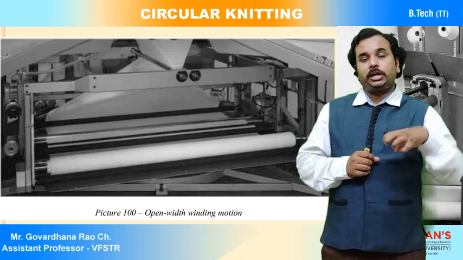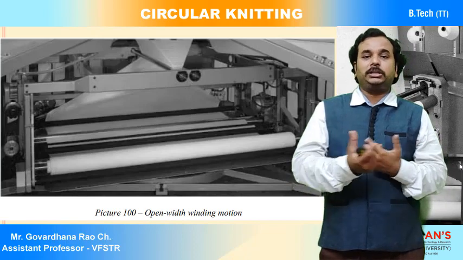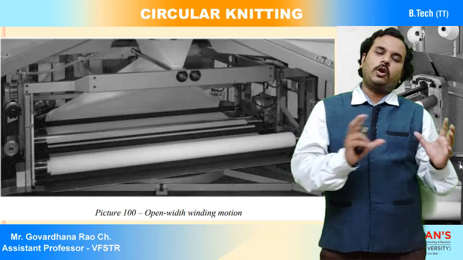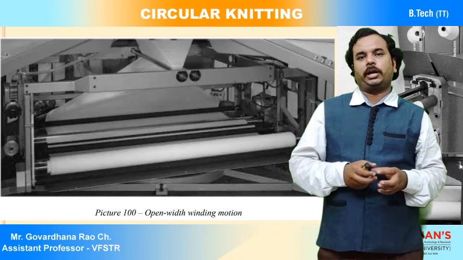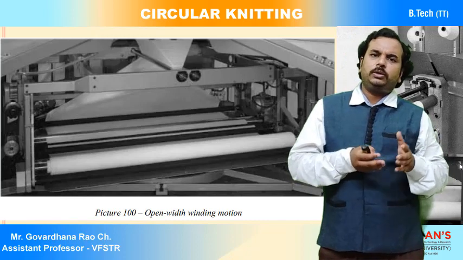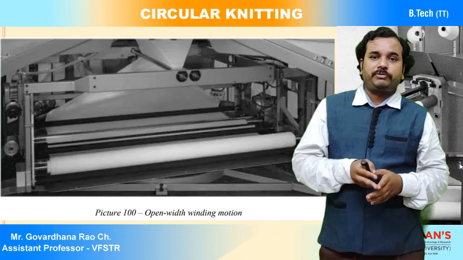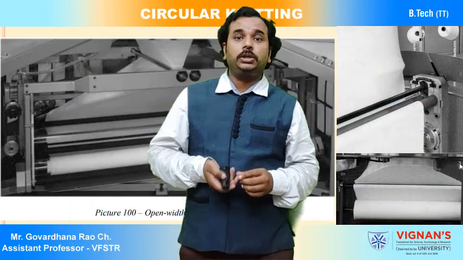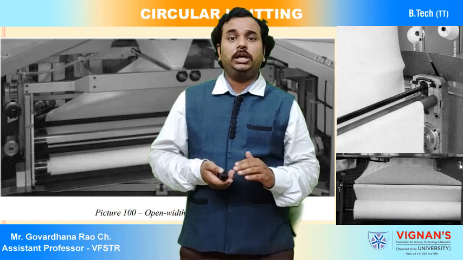If the cylinder is rotating and the cloth winding mechanism is not rotating, then spiral twisting of the fabric can occur. So the cloth winding mechanism and the takedown mechanism, the complete set, are rotated along with the cylinder. Okay, so rotatable takedown and winding mechanisms are preferably used in circular knitting fabric production. Okay, so these are the things related to the fabric takedown and winding motions in the circular knitting technology.